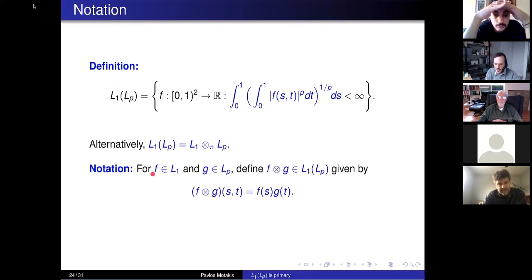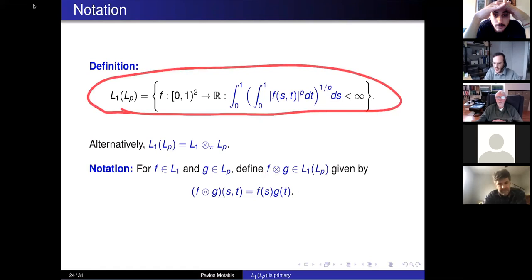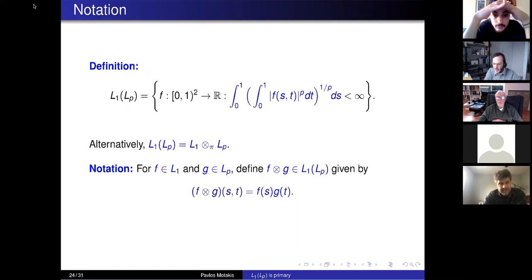If you take an F in L1 and a G in LP, then of course in the projective tensor product there exists this element, but if you want to identify how it looks in this representation of your space, this is just a function that, whenever you look at it on point (S,T) in the unit square, on S it sees F and on T it sees G, and then you take the product of that.